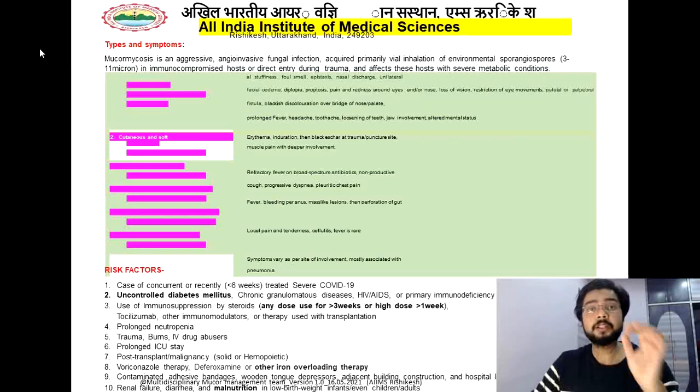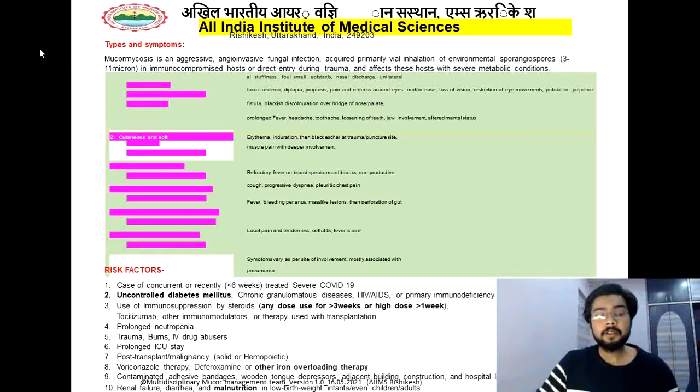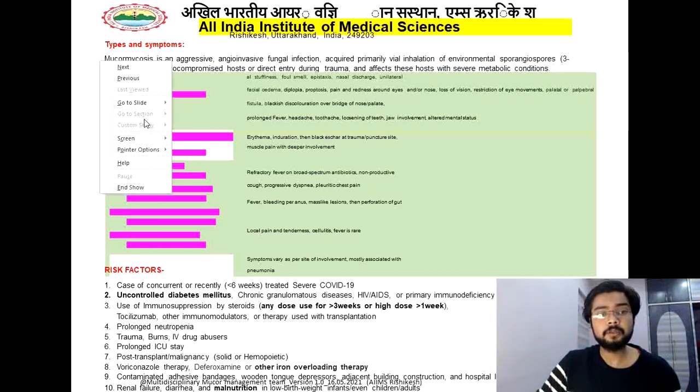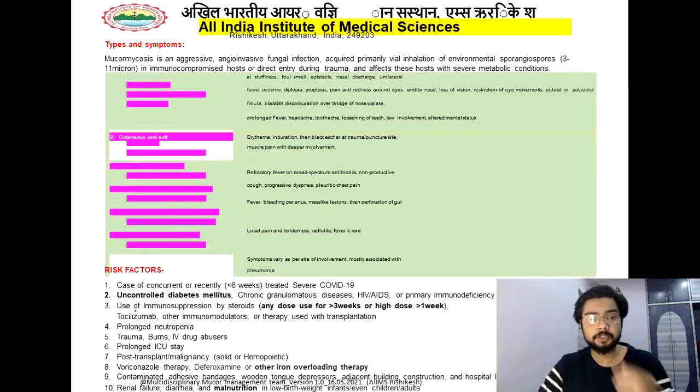Now coming to another important question: what are the risk factors when you are going to suspect a case, in which patients, in what population? You have to know just 10 points, and it is very easy, because a lot of people are talking about it.